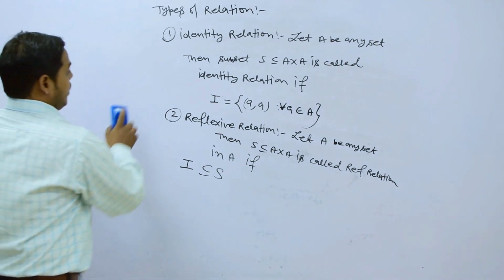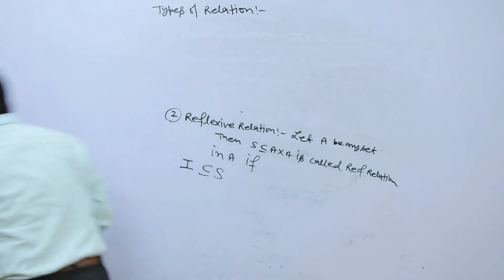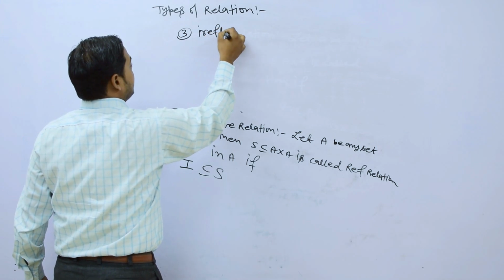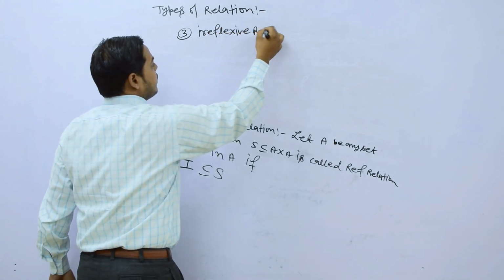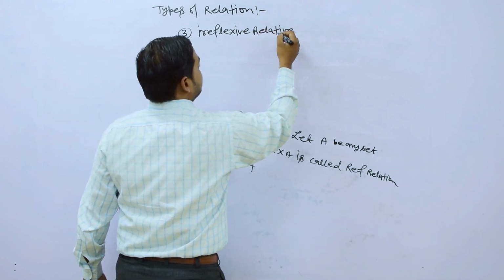Now we define irreflexive relation. Third is irreflexive relation.